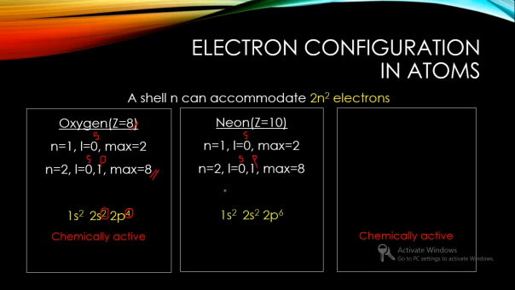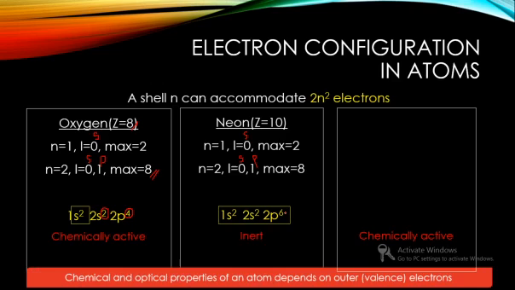So you'll get the exact atomic number of neon. Let us represent it. Starting with the first orbit, 1s2, then 2s2, then 2p, remaining is 6. So this is how it is represented, and it is an inert one.